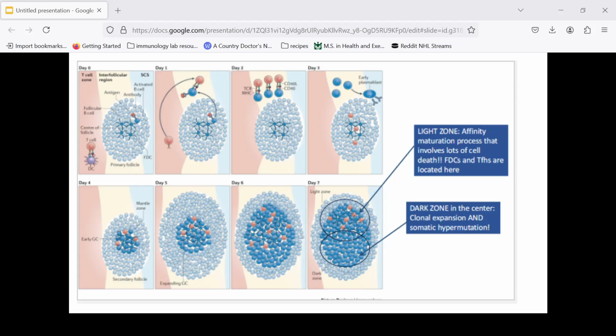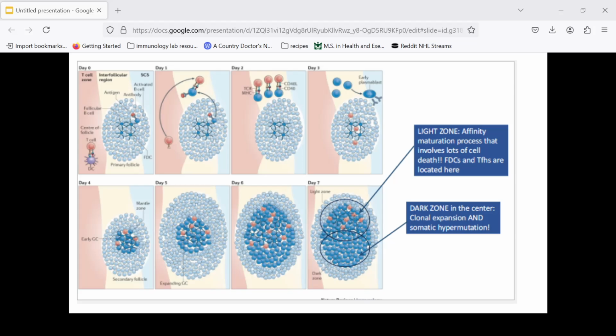The reason I emphasize that is because all of this is happening in its own little section of your lymph node. What we're doing is creating a rapid mutation by having a mass proliferation of these B cells in that germinal center, and then we're doing selection. We're manufacturing selection using those dendritic cells and those TH cells.